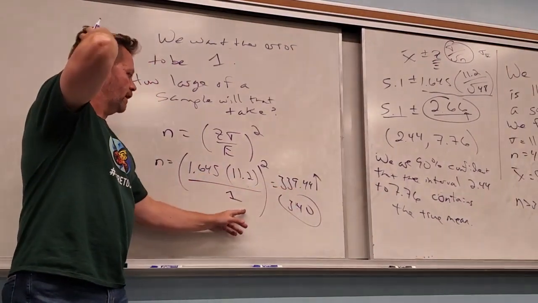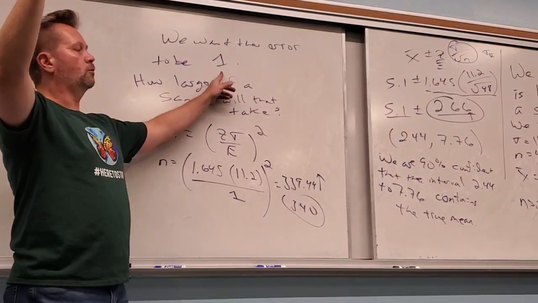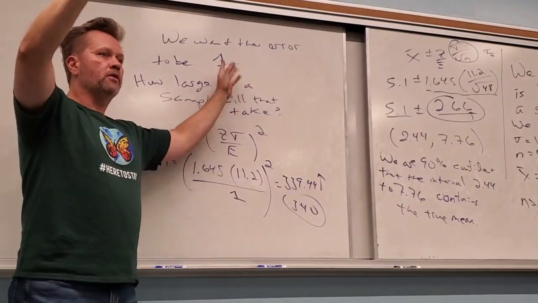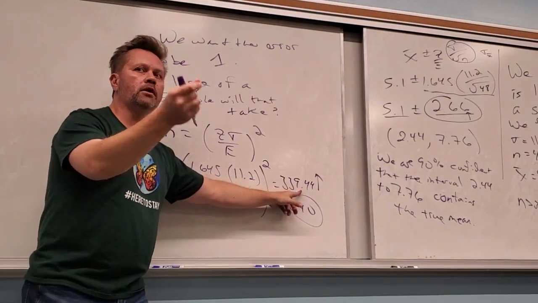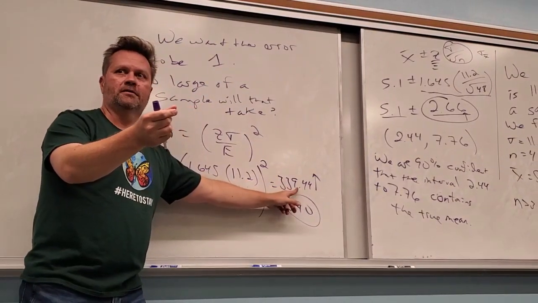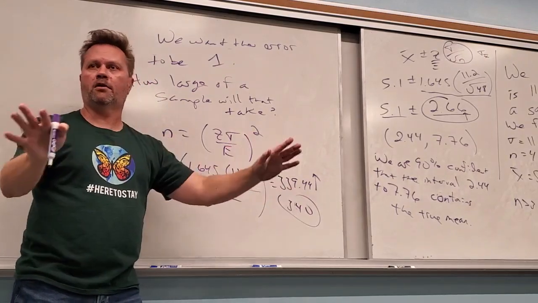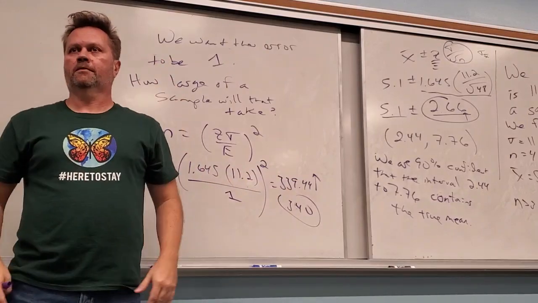If I did 400, I would be even better than 1, wouldn't I? I would have an even better error than 1, so I'd be within 1. I don't want to go any below this. So I would never round this down because that's automatically wrong, because it's got to be at least this. That's why you always round this up.